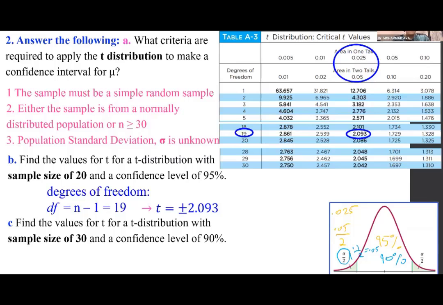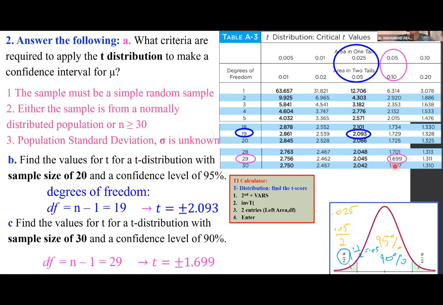So the total area in two tails would be 0.1, and in one tail is half of that. First and foremost, you find degrees of freedom, and in the left column, you find 29. Then you go for area. In one tail is 0.05, in two tails is 0.1, and you see this number, so plus minus 1.699 is the answer. Now, as far as technology is concerned, I'll show you one of them.